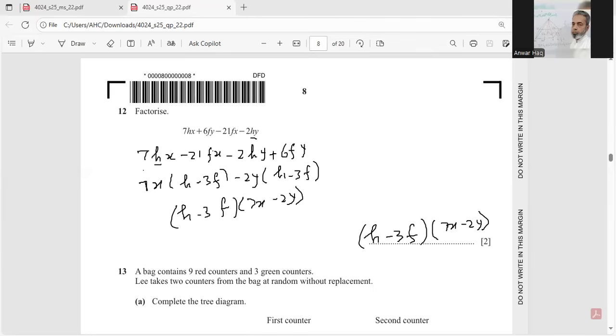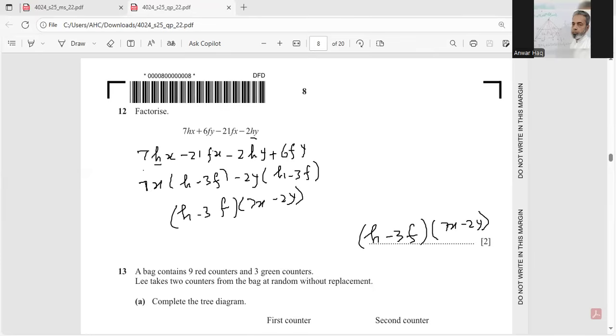In the next part of this question, he is asking to work out the probability that both counters are red. So for both red you will write both red. Both red will be 3 over 12 multiplied by 2 over 11.